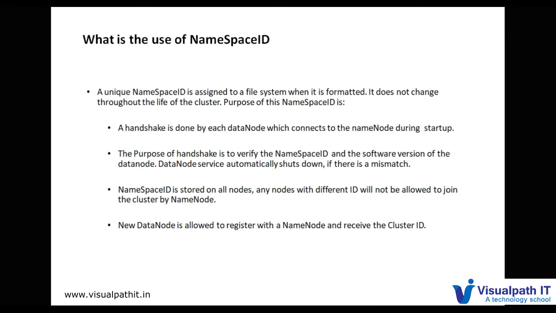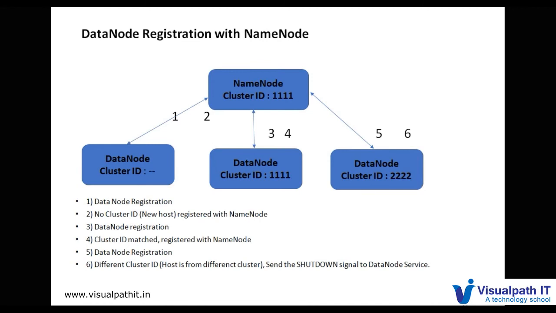Okay, and a new data node is allowed to register with the name node and receive the cluster ID. Only then will it be allowed. This is the data node registration process with the name node. First, take the name node's cluster ID, which means the namespace ID. If you take a new data node, there is no cluster ID. When it communicates with the name node and gets the cluster ID, it will be registered.